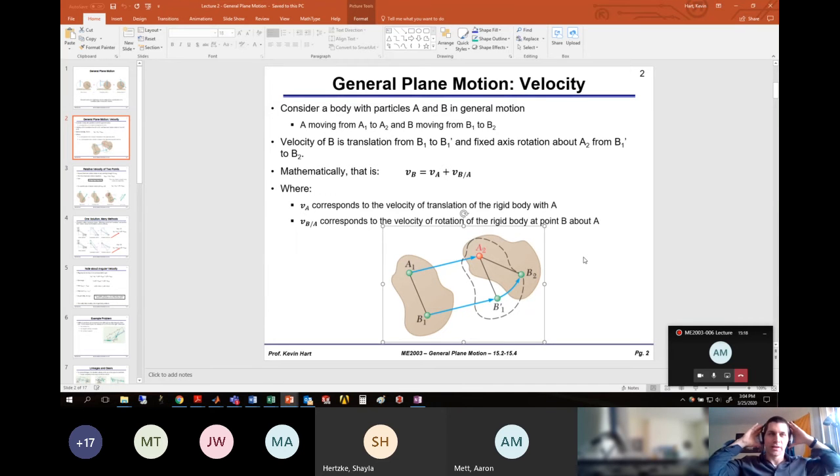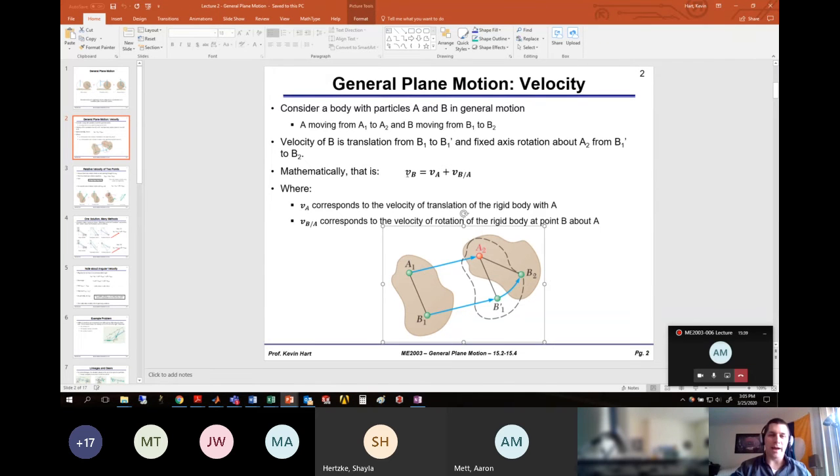This is how we think about general plane motion being a combination of both translation and fixed axis rotation, though objects might not necessarily have moved that way. It's pretty rare to see an object actually translate and then rotate about some fixed point to get into position, but you might consider that mathematically as how the motion occurred.